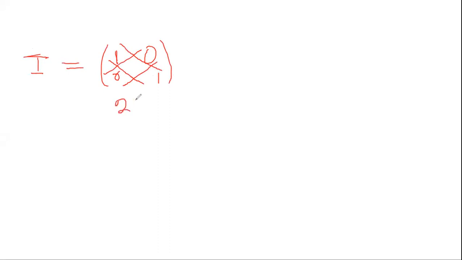It is abbreviated as I and is 1, 0, 0, 1. So the elements in the major diagonal are 1, and in the minor diagonal they are just zeros. So this is a 2 by 2 identity matrix.